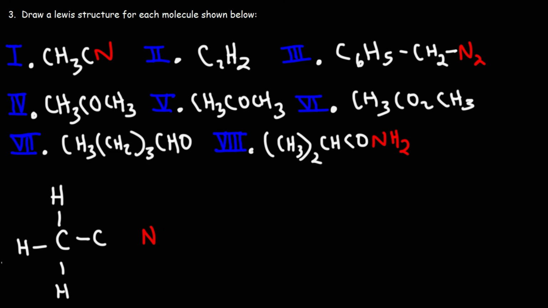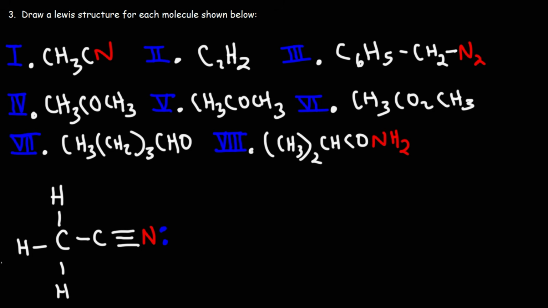Now keep in mind, carbon likes to form 4 bonds, nitrogen likes to form 3. The only way we can make this work is if we put a triple bond between the carbon and the nitrogen. So that carbon has 4 bonds and nitrogen has 3. Now, nitrogen needs 8 electrons to satisfy its octet requirement, so it needs a lone pair. Each bond represents 2 electrons. We get 2, 4, 6, 8 electrons.